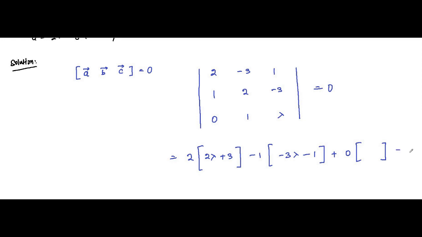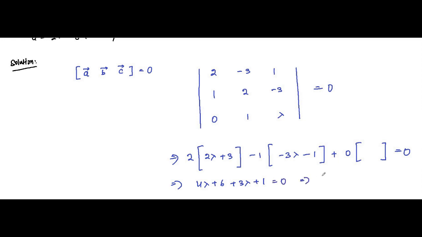That implies 4 lambda plus 6 plus 3 lambda plus 1 is equal to 0.